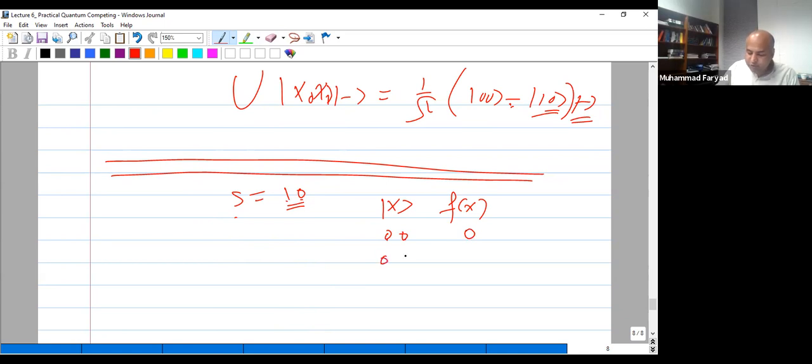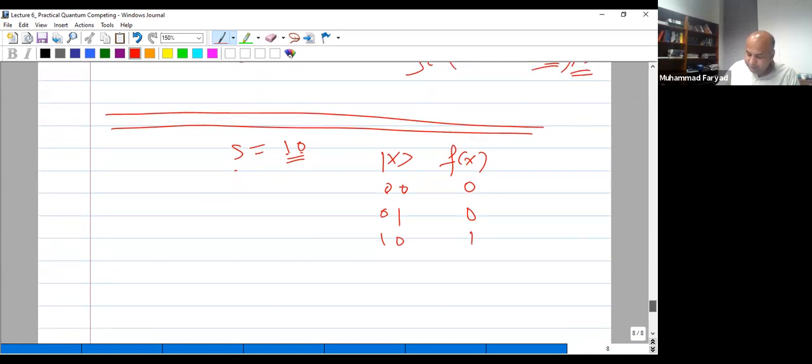For the input 0, 1, multiplying with 1 and 0, 0 into 1 plus 1 into 0, still 0. For 1, 0, 1 into 1 is 1, 0 into 0, 0, I get 1. And for 1, 1, 1 into 1 is 1 plus 1 into 0, so 1 plus 0 is 1. So this is f of x.